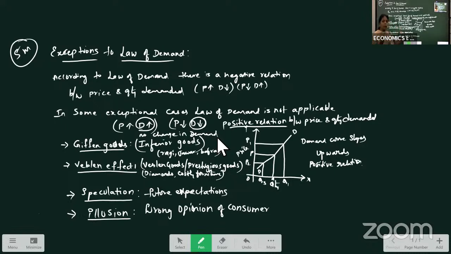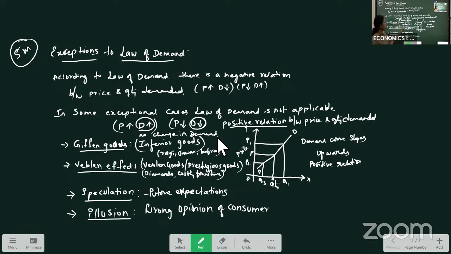This concept was explained by Robert Giffen, who observed that among laborers whose income levels are low, they prefer low quality, that is, they prefer bread over meat. Though the price of bread increased, they did not stop consuming bread. The price of meat did not change, but they did not purchase meat.